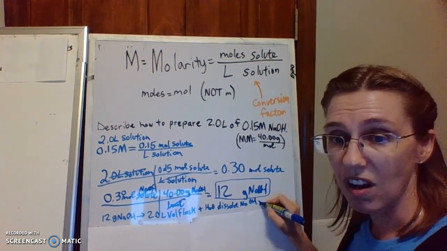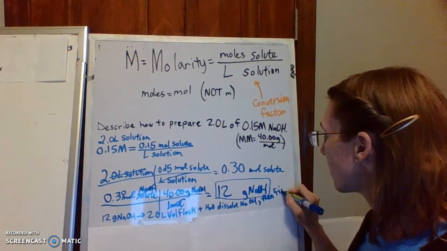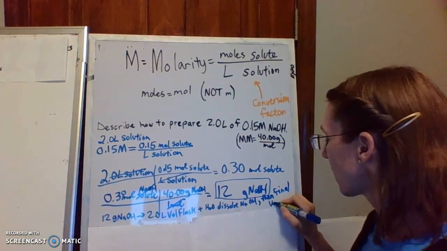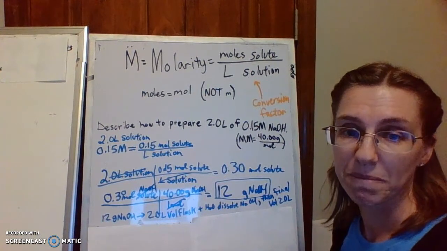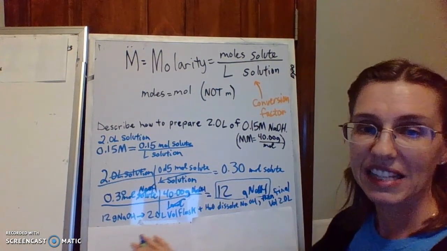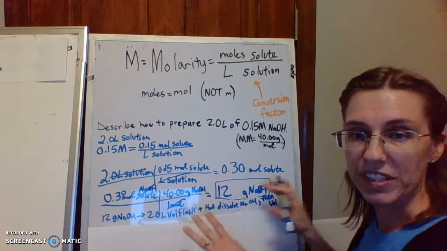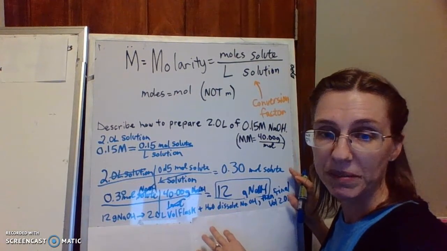Then once it's dissolved, bring it to the final volume of 2 liters. Okay. Now I left out some words there just so it wouldn't take me so much time, but that's the type of answer with all those words in there that I'd expect on an assessment.